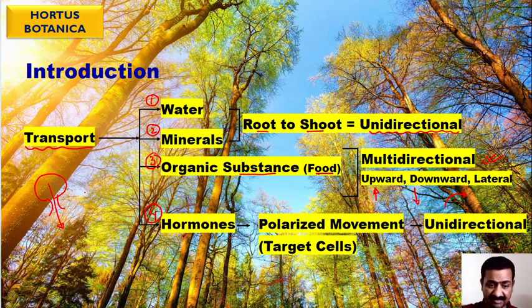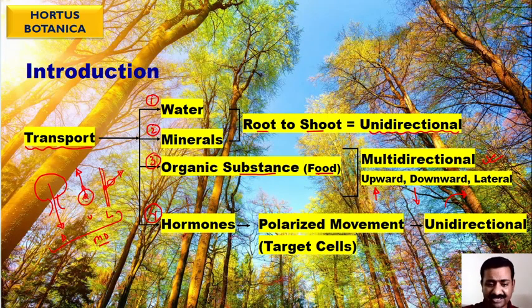If you have a seed that is growing, the seed is storing the food and the embryo is growing, so the food moves upwards. But if you have food in the node and a very small leaf is there, it needs that food, and this movement is lateral. So in this way there is downward movement, upward movement, and lateral movement. That's why this is multi-directional movement, isn't it?